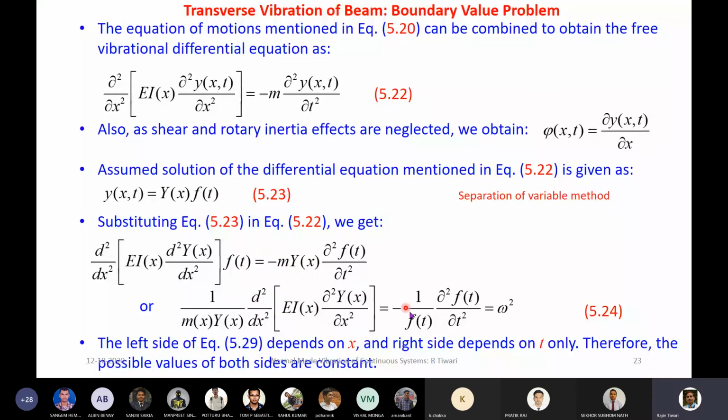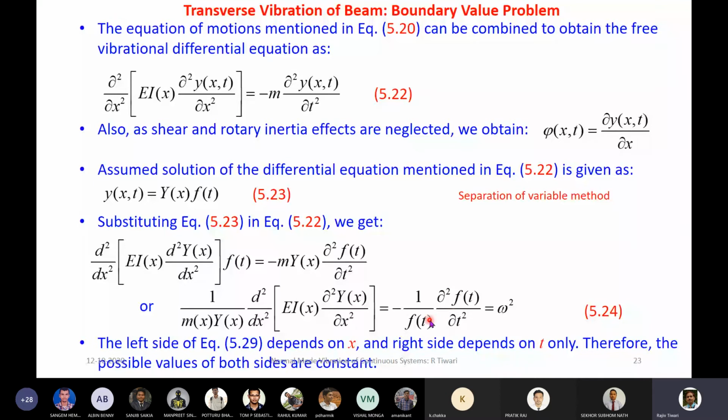F(t) I have divided so that this goes to this side. Now this side contains only functions of x, with no term containing a function of time. Here all terms are functions of time. So on one side we have a function of x only, on the other only time.